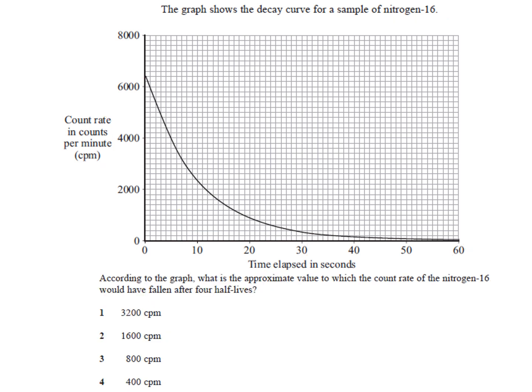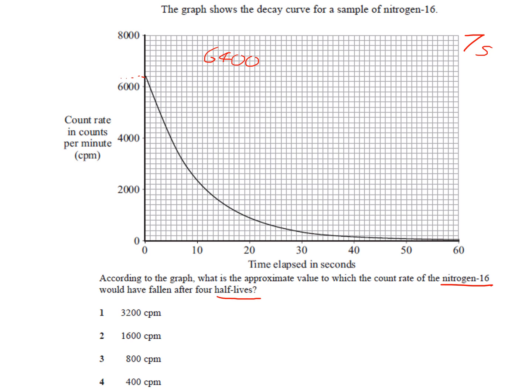Here's another one. To what value would the count rate of nitrogen-16 have fallen after 4 half-lives? So before we established that it was 7 seconds. Okay, so after 4 half-lives, if it began here at 6,400, what would the count rate be after 4 half-lives? So let's have a look.